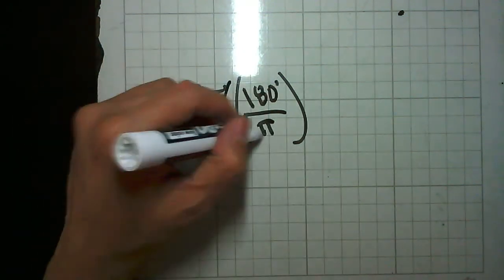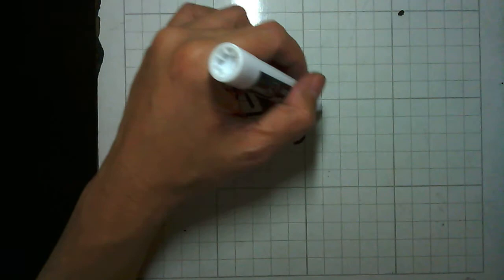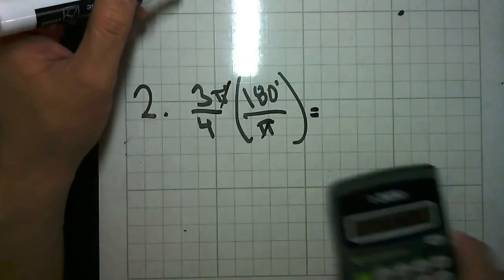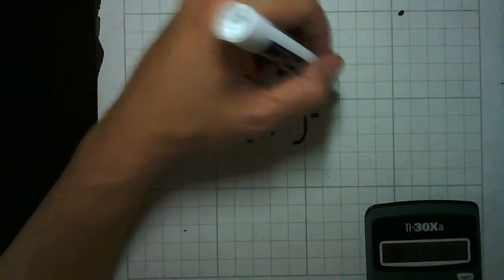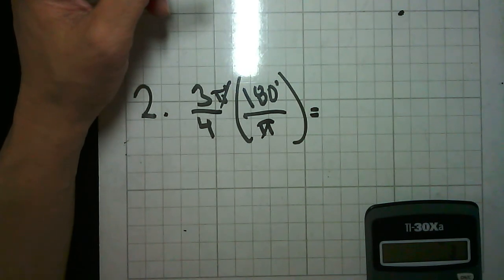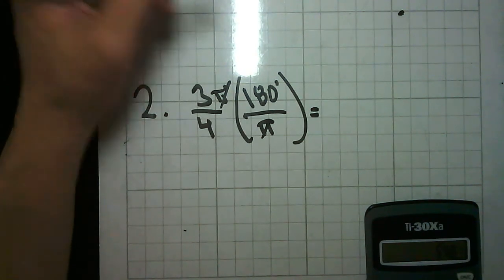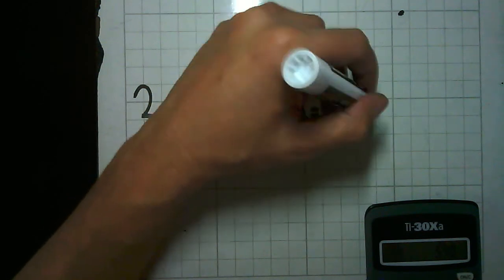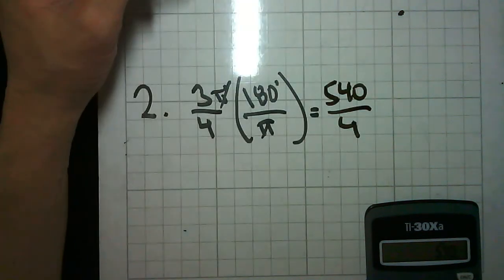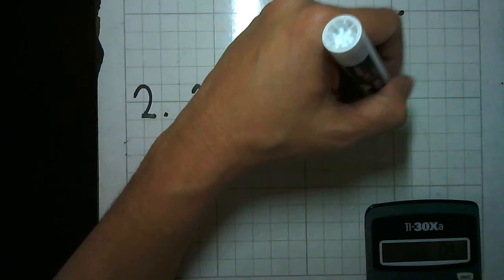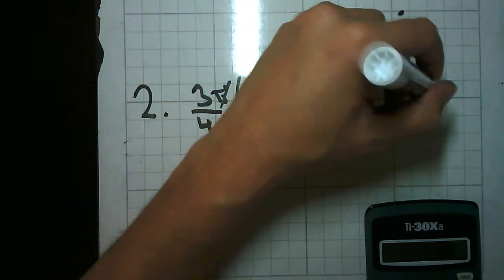So the pi's cancel out here. We got 3 times 180, 540 over 4. That gives you 135 degrees.